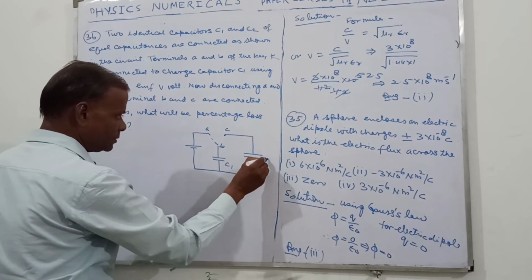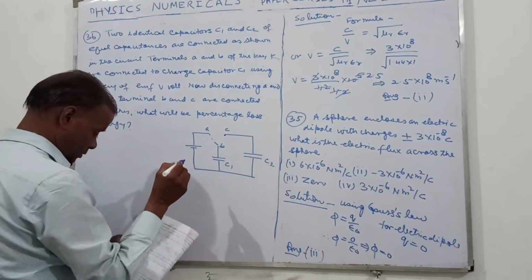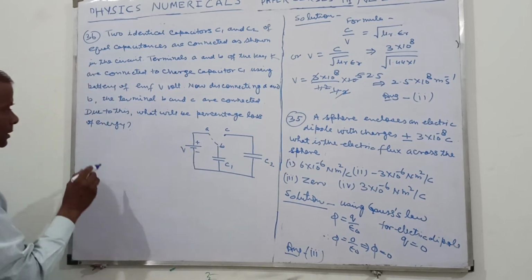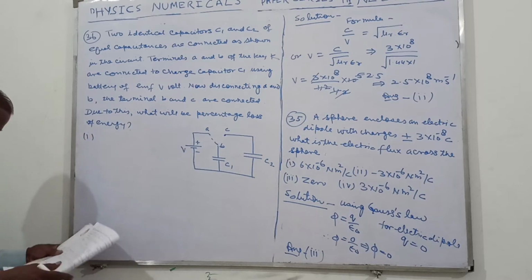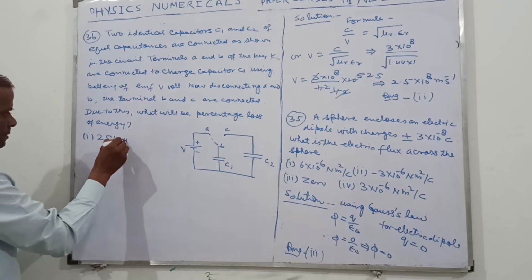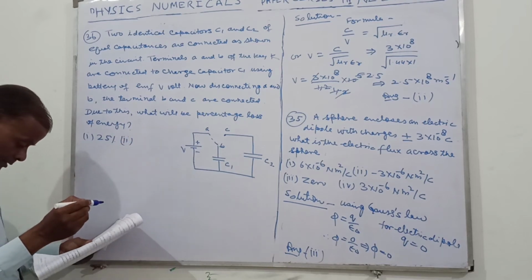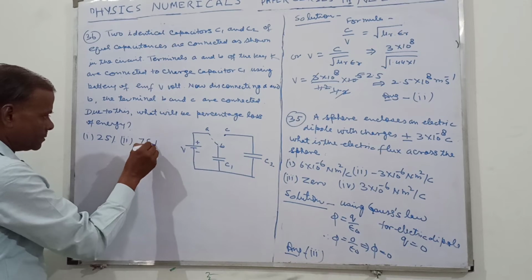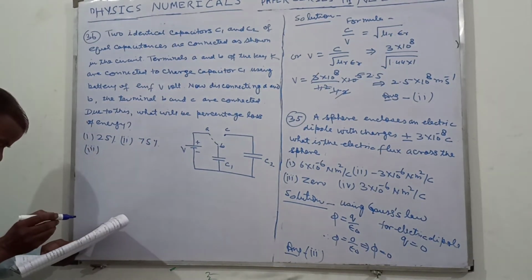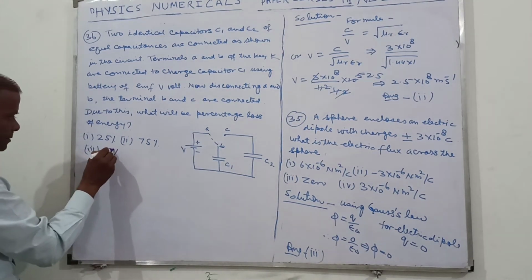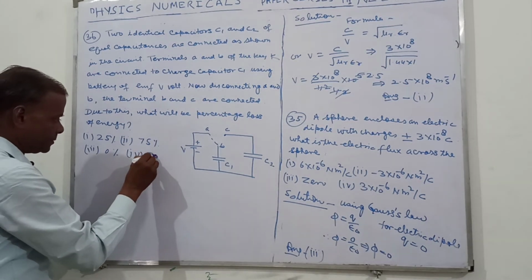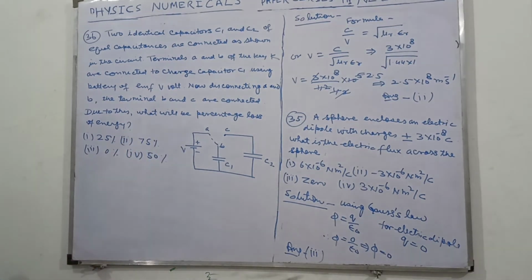This is C1, this is C2. This is the battery of V volt. Now our options are first 25%, second 75%, third 0%, and fourth 50%. You have to find the answer.